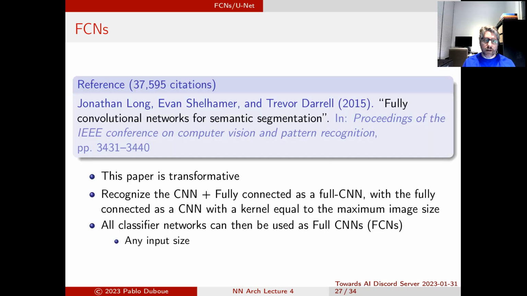And so this situation is really interesting, because in 2015 Long, Shelhamer and Darrell published in CVPR this transformative paper.